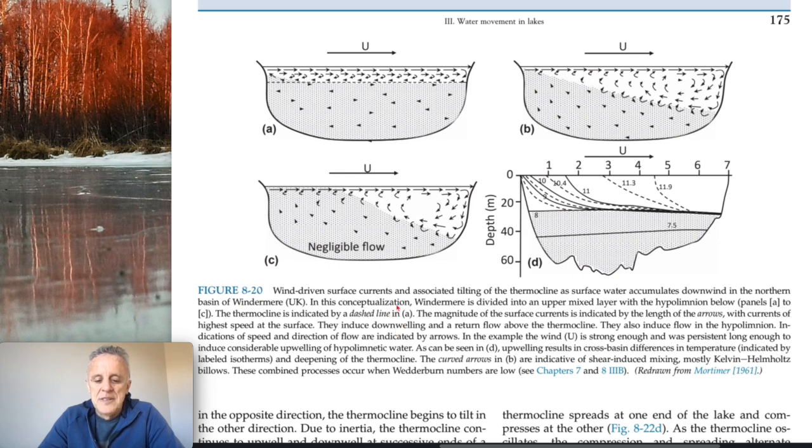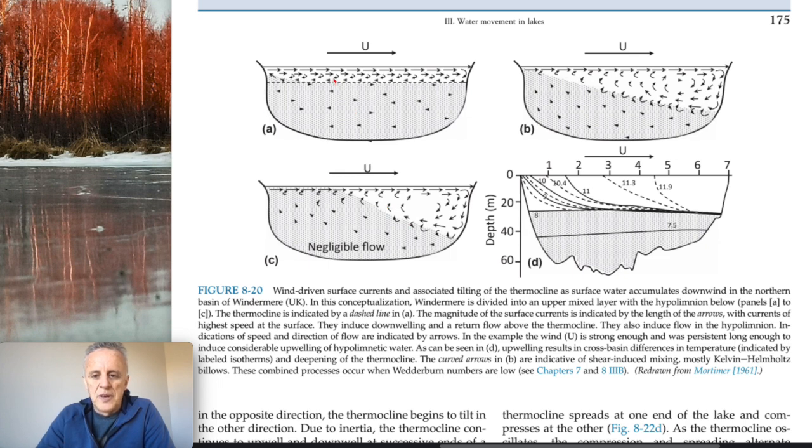In this conceptualization, Windermere is divided into an upper mixed layer with the hypolimnion below, panels A to C. So what we have is the epilimnion, or the mixed layer, and then the hypolimnion here. Then we have a tilting occurring, and the wind is going from left to right.